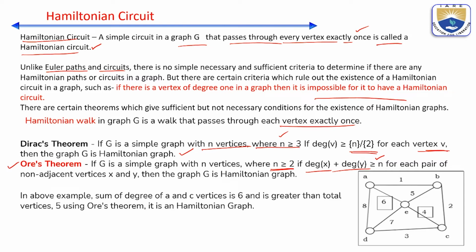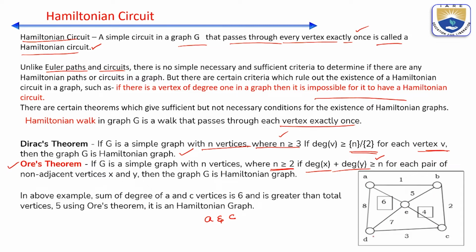So let us consider an example graph, and I am going to consider non-adjacent vertices. Let us say A and C are non-adjacent, or B and D are non-adjacent. E is adjacent to all.